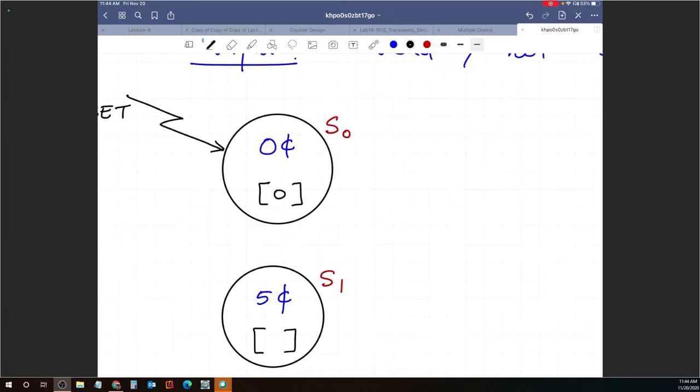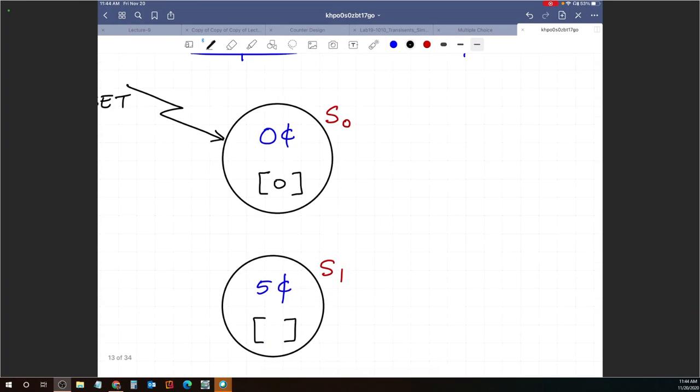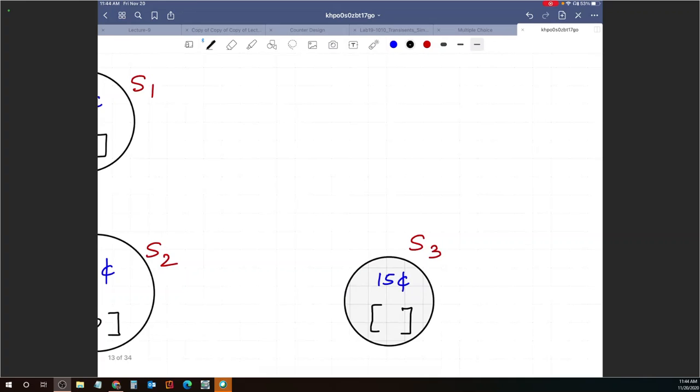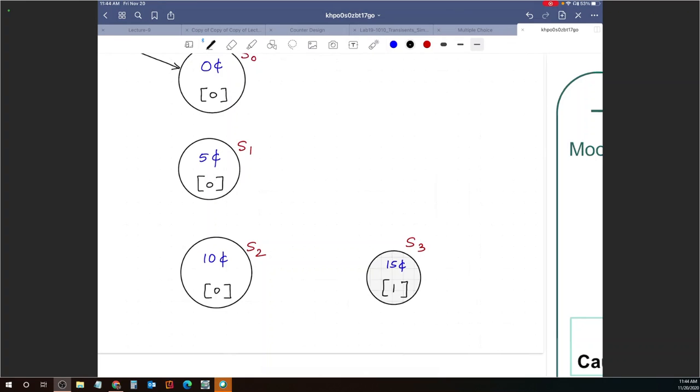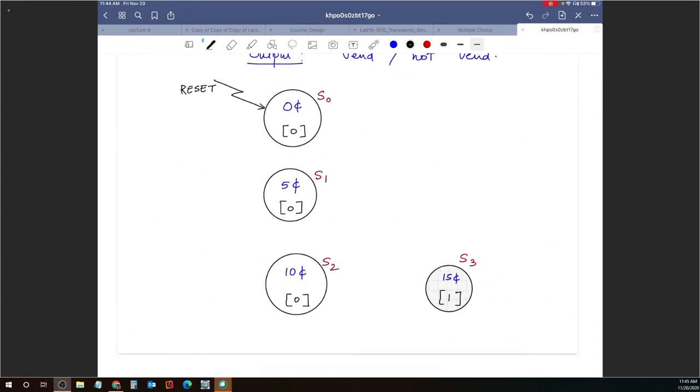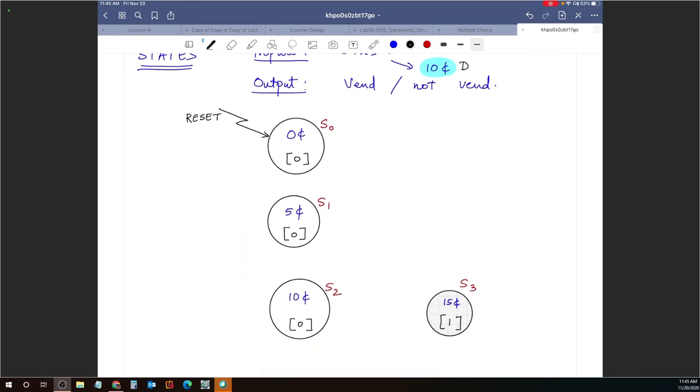Don't give an item, don't give an item, don't give an item. You have 15 cents, you can give an item. So I have written down the states, I have written down the outputs. Now I am left with drawing the arcs, the state transitions.